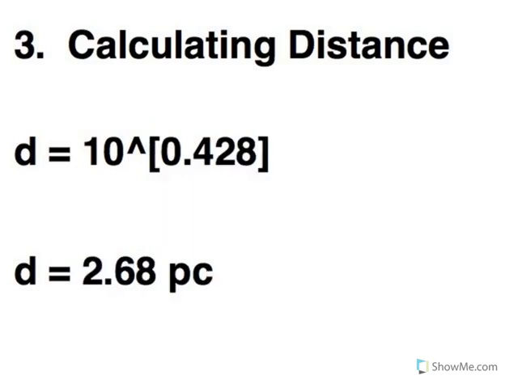And so in this case, our last thing is exponent. That's the E in the please excuse dear Aunt Sally. So you just take 10 and raise it to the power of 0.428. And when you do that, you get an answer of 2.68 parsecs.